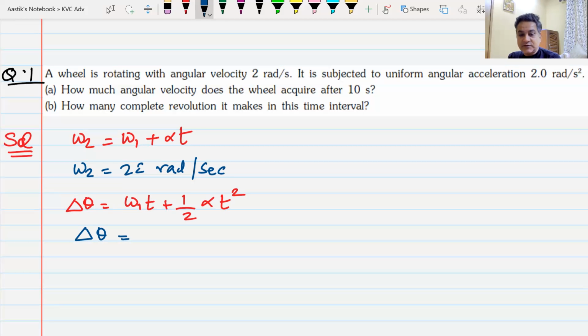How much is the angular displacement coming as? Omega 1 is 2, time is 10, 2 into 10 is 20, plus half into 2 is 1, 10 square is 100.